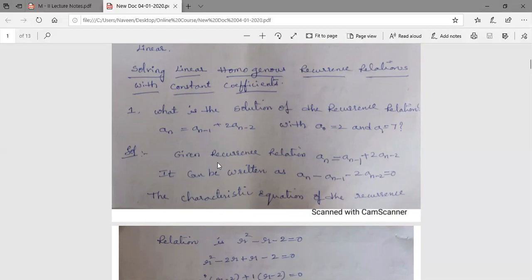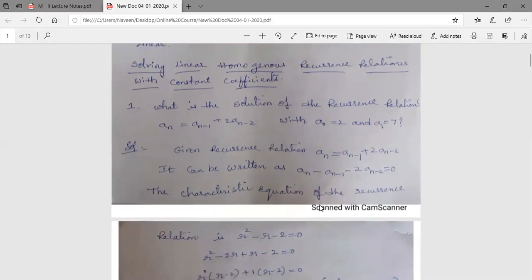Write down the given recurrence relation, that is a_n = a_{n-1} + 2 a_{n-2}. It can be written as a_n minus a_{n-1} minus 2 a_{n-2} = 0 if you bring these two terms to the left-hand side. Then write down the characteristic equation of the recurrence relation.